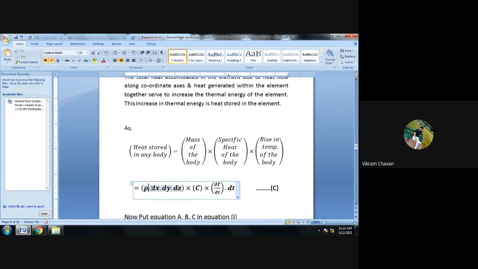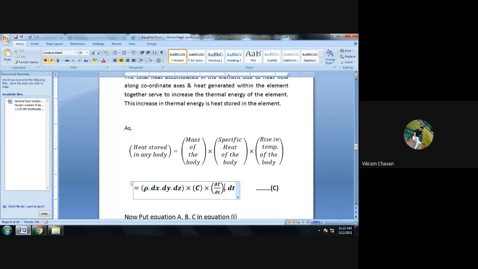So with density rho and the volume of the element dx multiplied by dy multiplied by dz, multiply by the specific heat of the body, which we signify as capital C, multiplied by the rise in temperature of the body.